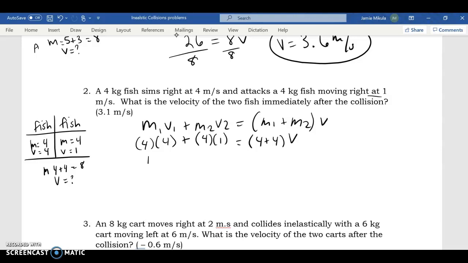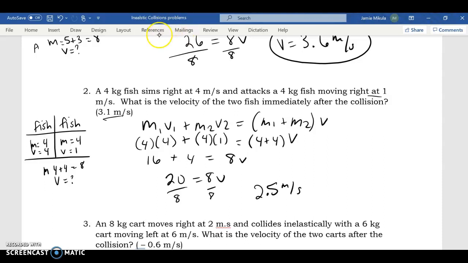So 16 plus 4 equals 8v. 20 equals 8v. Divide by 8. Make sure his answer's right. So you get 2.5 is what I'm getting.